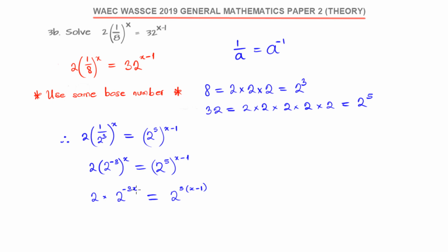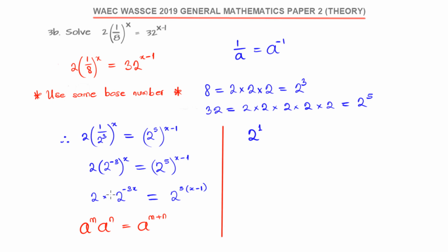Now we're having 2 bases, 2 in 2 places, and we're having 2 multiplied by each other. The law of indices guiding us will tell us a raised to the power m multiplied by a raised to the power n is a raised to the power m plus n. Just a single base, then multiply and we add the powers. Okay, so if you want to apply that in this particular case, instead of writing 2 multiplied by 2 raised to the power minus 3x, we can write only 2.